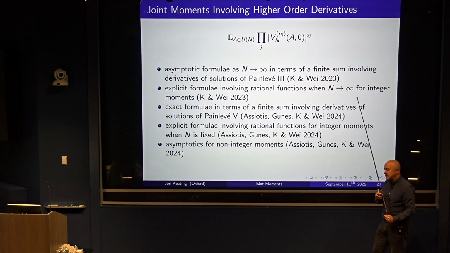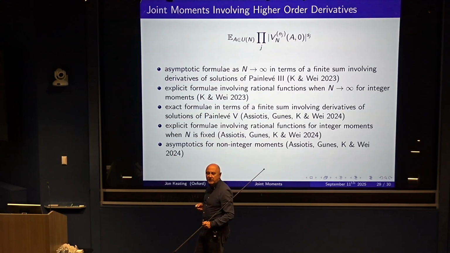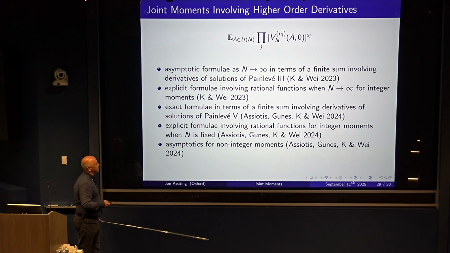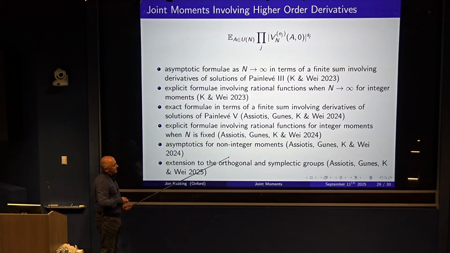And it's again related to random variables that are generalizations of the random variable x of s that I defined earlier. And then very recently, a month or so ago, we managed to extend this. Everything I've said so far has been for the unitary group.